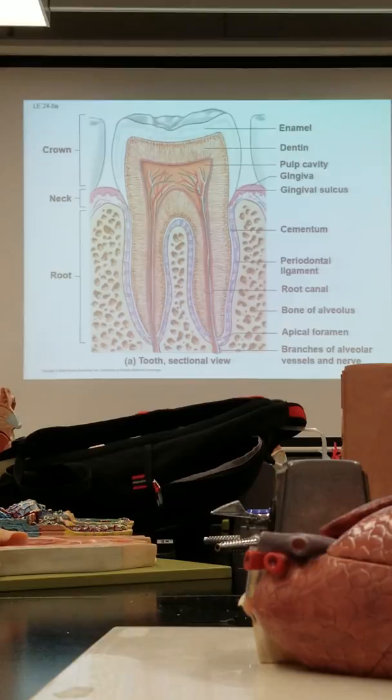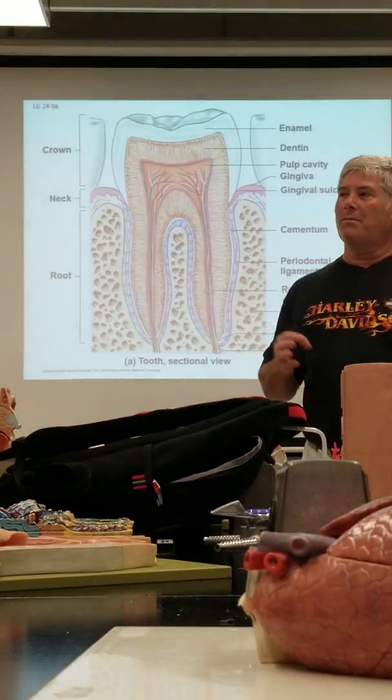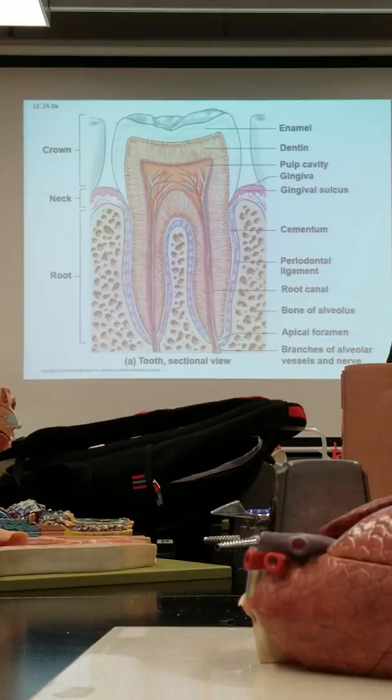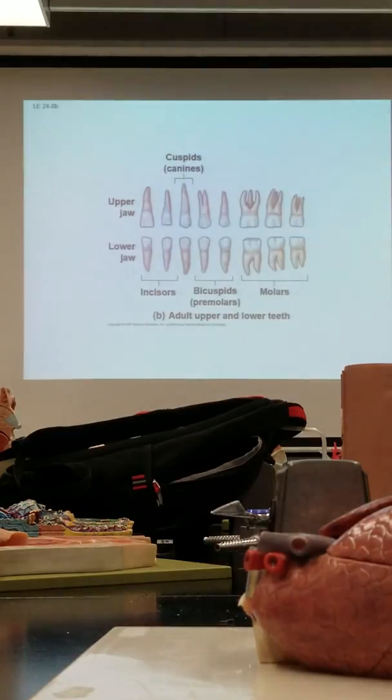Periodontal ligaments hold the teeth. Just remember what a ligament does: it holds bone to bone. So they're going to hold the jaw to the teeth.